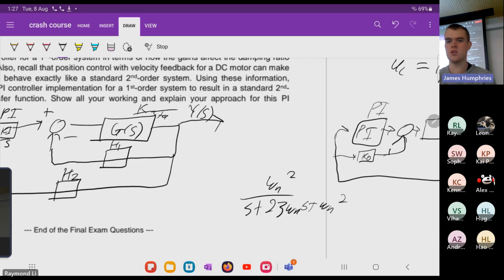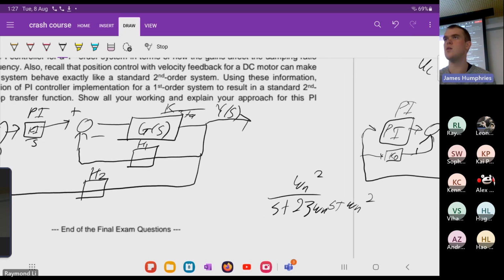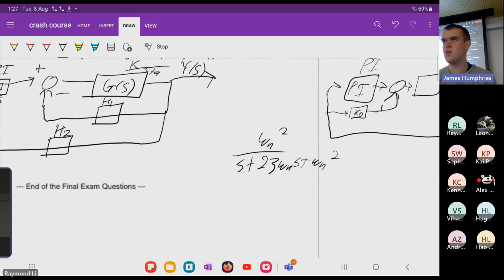Do we remember which of these two affects overshoot the most? Isn't it zeta? Because OS is proportional to zeta.